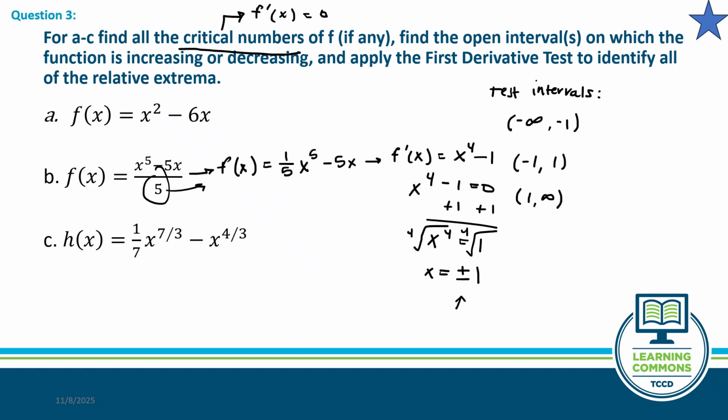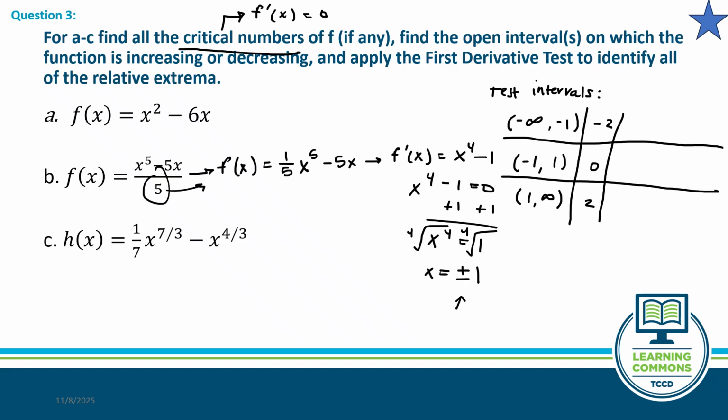Again, I am simply going to pick numbers within those intervals. So negative infinity to -1, I picked -2. From -1 to 1, 0. 1 to infinity, I picked 2. Now I'm going to plug those into my first derivative.